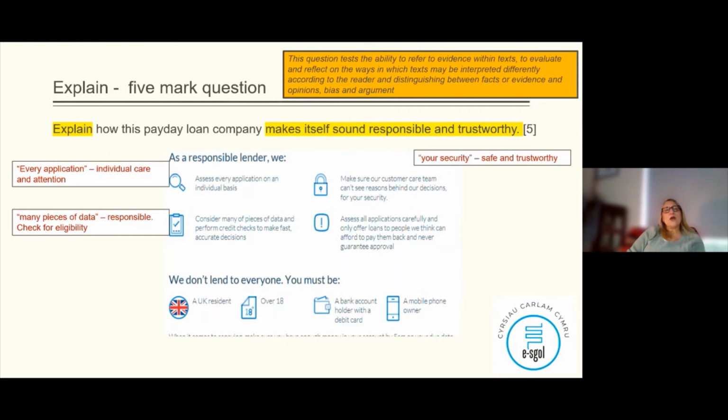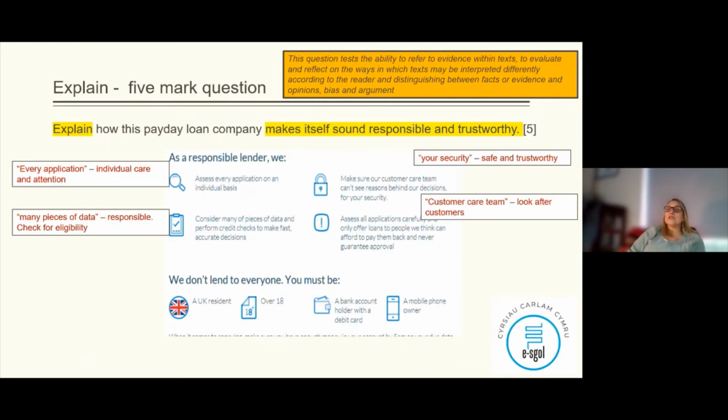Okay, the next one, many pieces of data. So that shows that they're responsible because they look at many pieces of data, they perform credit checks to make sure that lenders are eligible for the money that they're lending, so they're not putting people in a difficult situation.